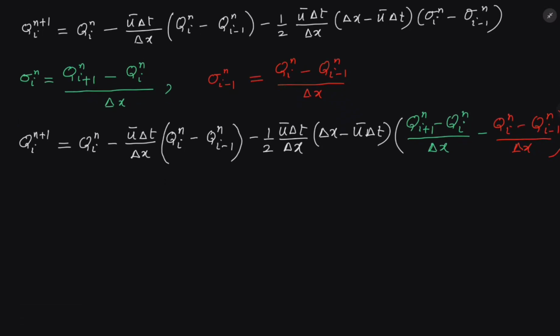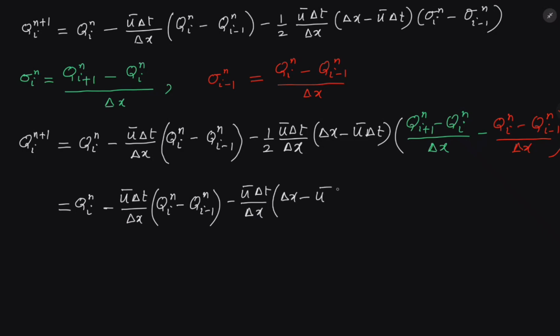So first of all, we write all the terms again. q n i minus u bar delta t by delta x, q n i minus q n i minus 1, minus u bar delta t by delta x, and delta x minus u bar delta t, and this term will be equal to delta x, q n i plus 1 minus 2 q n i plus q n i minus 1.